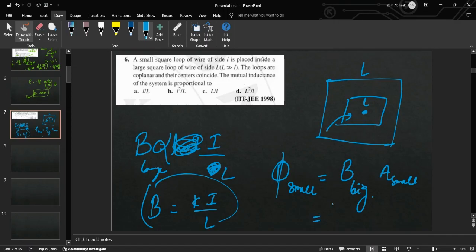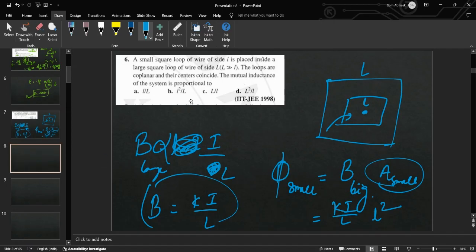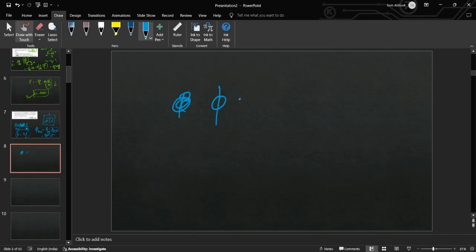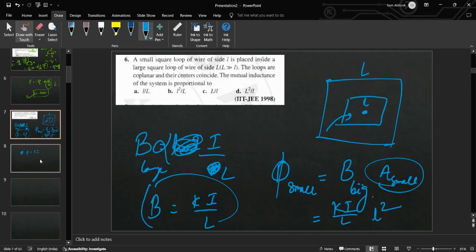So B big is K I by capital L. What is the area of the smaller square? Small l square. So the flux is K I l square by L. Why are we trying to calculate flux? Because we need mutual inductance.